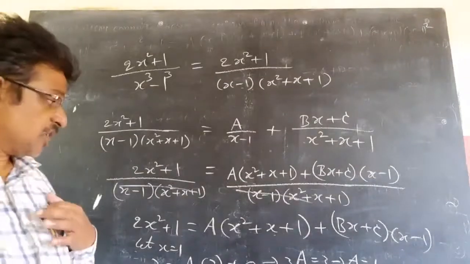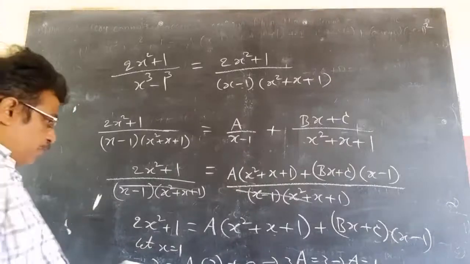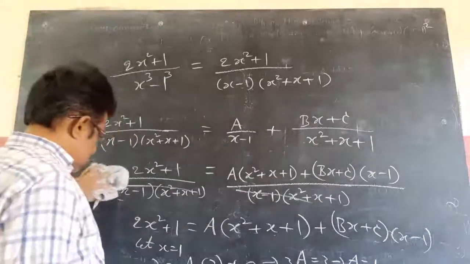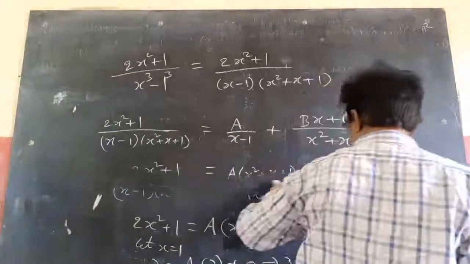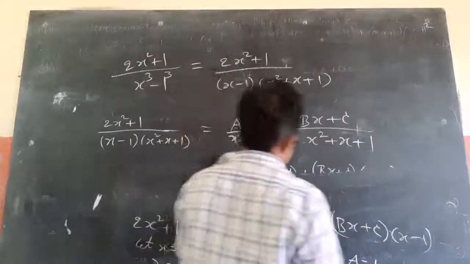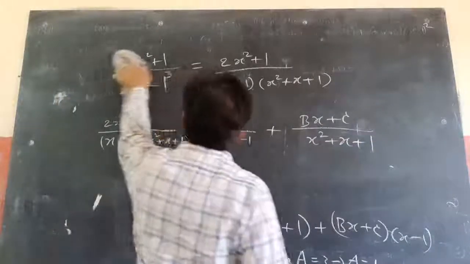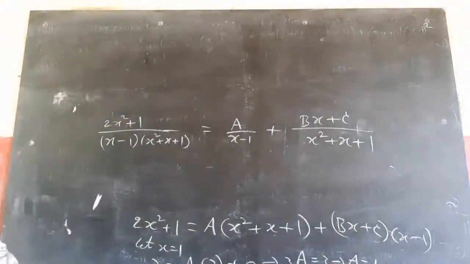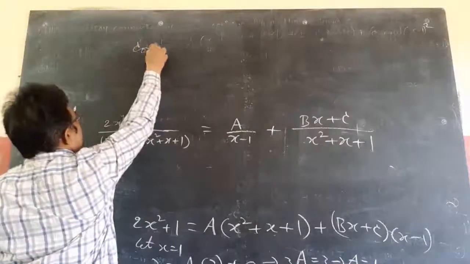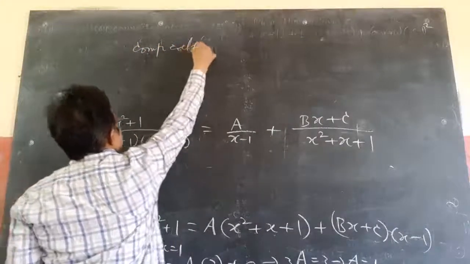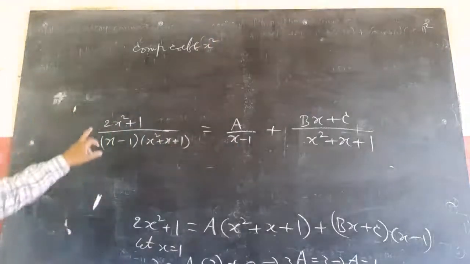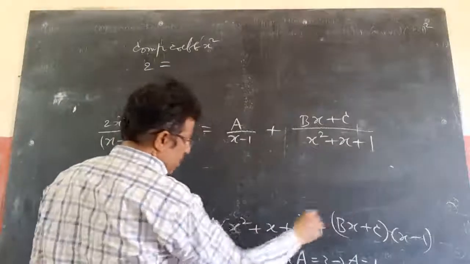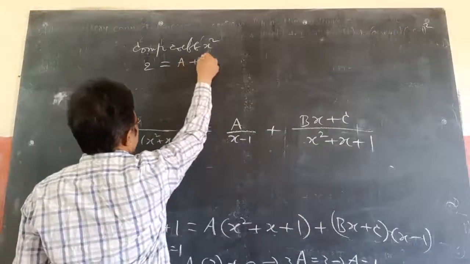Now comparing the coefficient of x square on both sides, we will get b value. Here the x square coefficient is 2, equal to a plus b on this side.